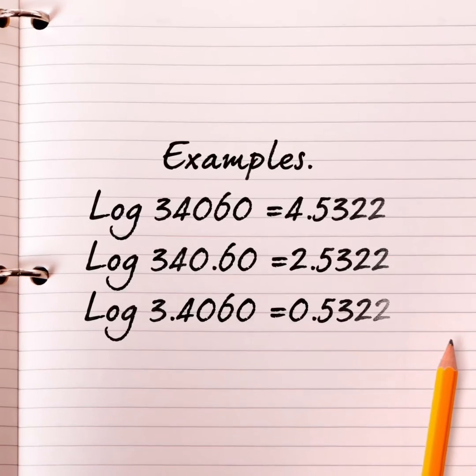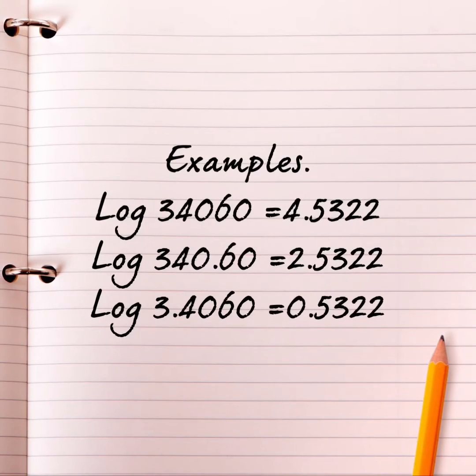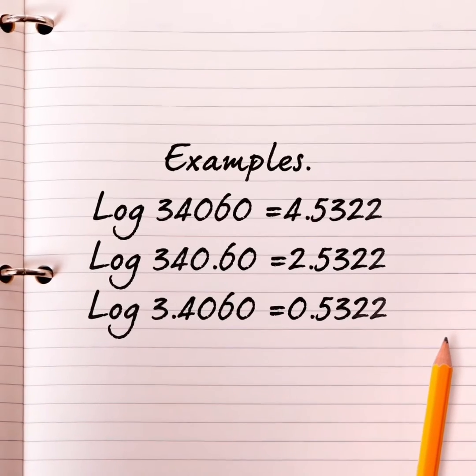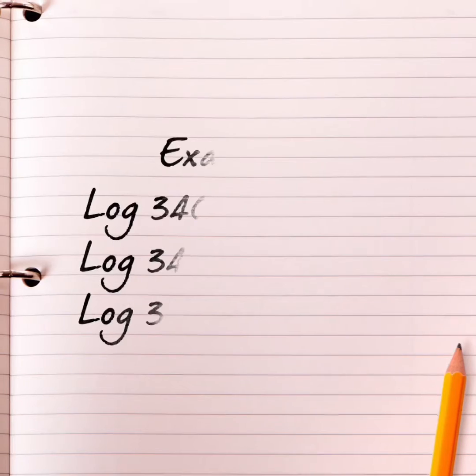Okay, here is an instance where you can have different numbers but the same mantissa. Here I have log 34,060. That's the first number, and then the log is 4.5322. 4 is the integer part, and that is the characteristic, and then 0.5322 is the mantissa, the decimal part.